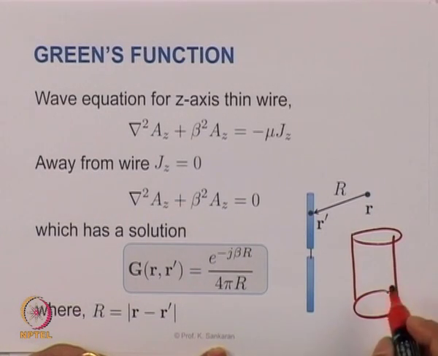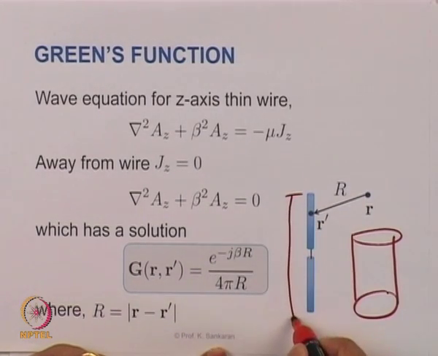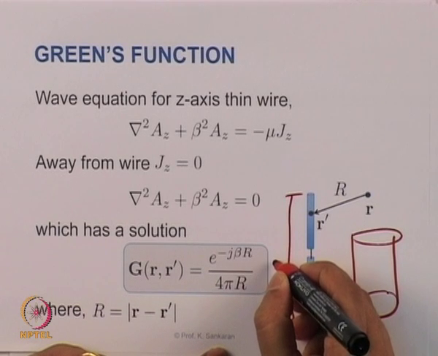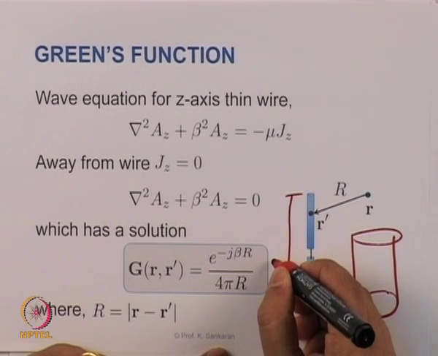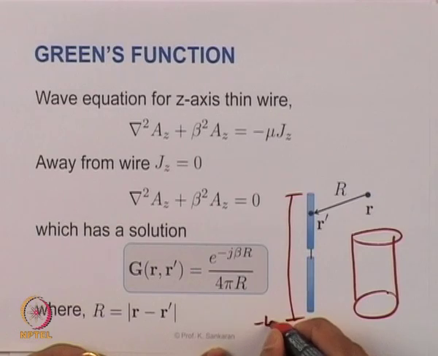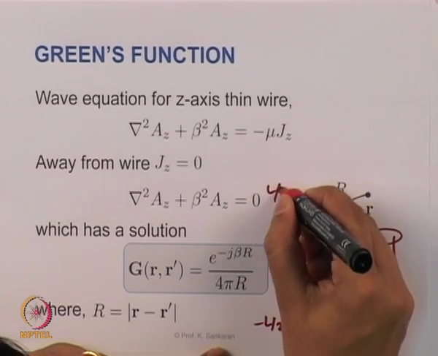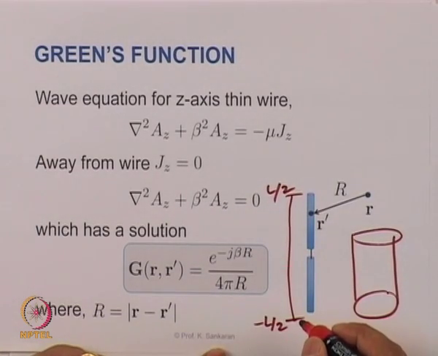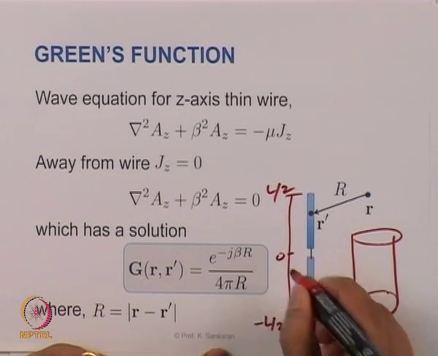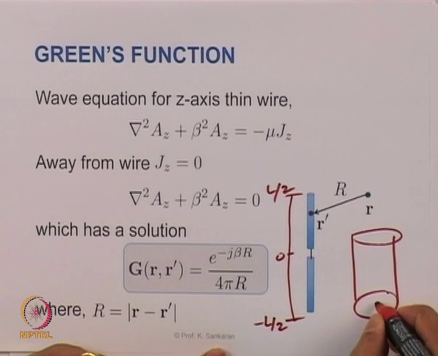So this entire distance is going to be a value that goes from minus L by 2 to L by 2. So the entire distance is going to be L, and the center point is going to be 0, and the integration surface is going to go from 0 to 2 pi.